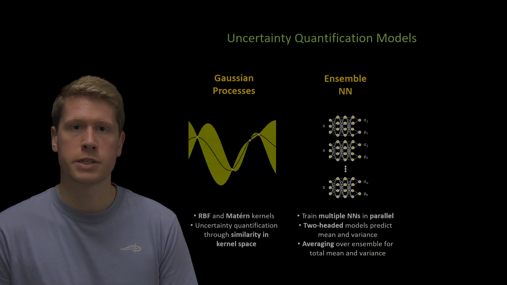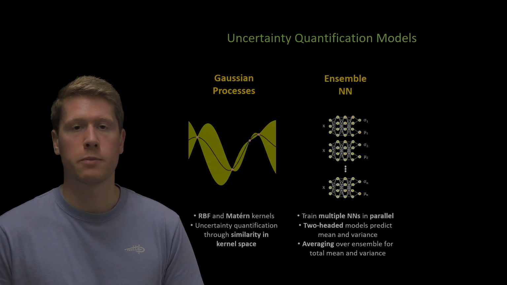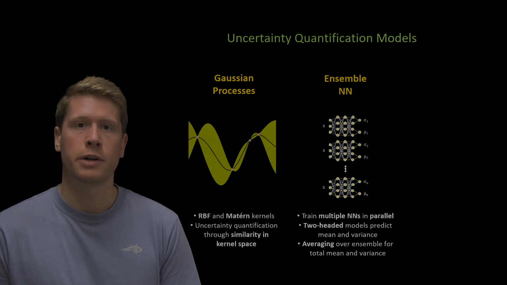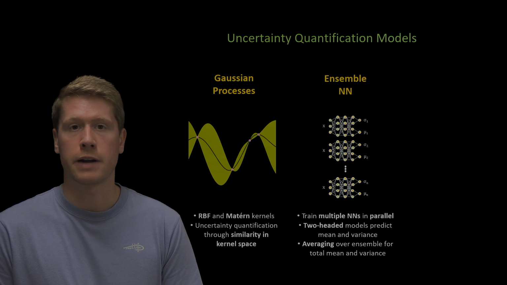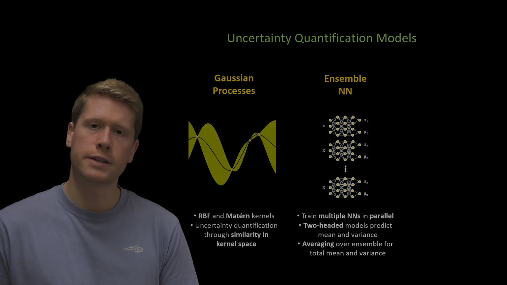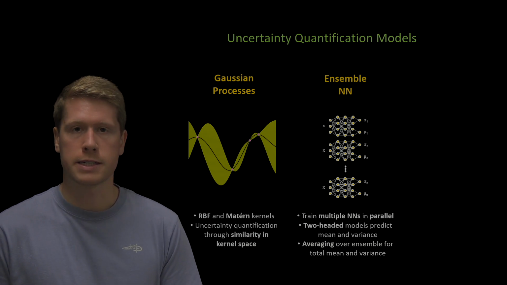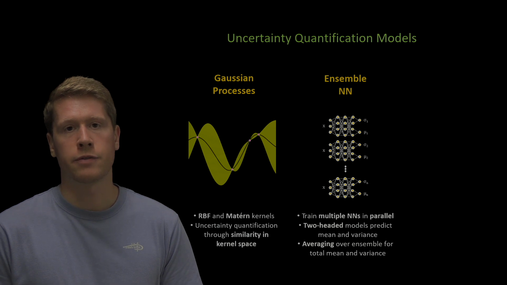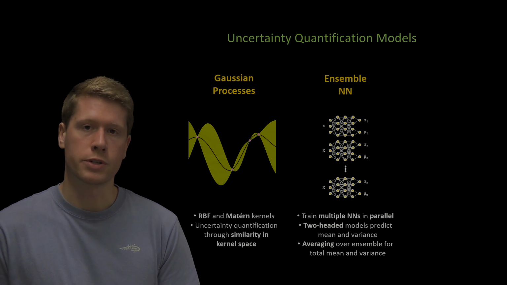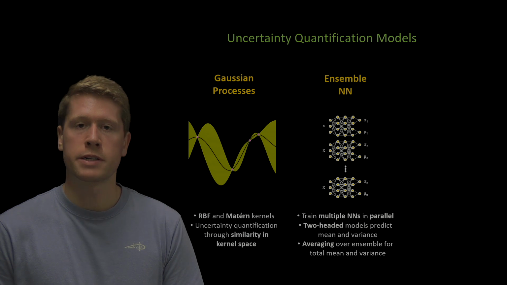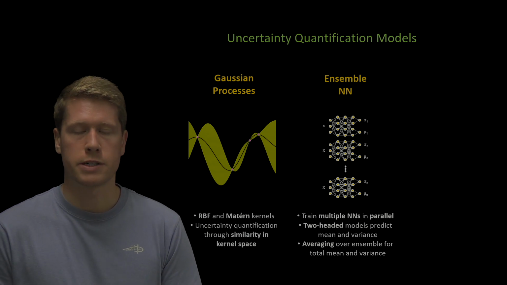Ensemble neural networks: we train multiple neural networks in parallel, and each neural network predicts a mean and a variance. We can then average over those predictions, but also use the disagreement between the models at the same time to get a final distribution over our outputs with the mean and the variance, and the variance we use as a measure of uncertainty.